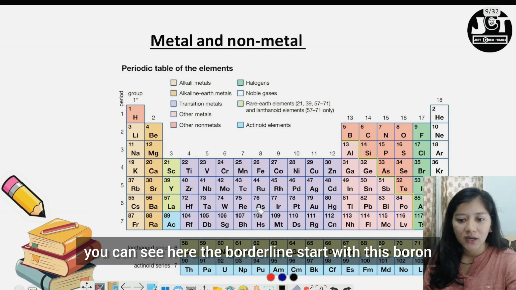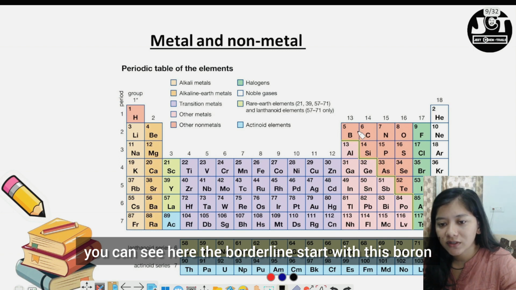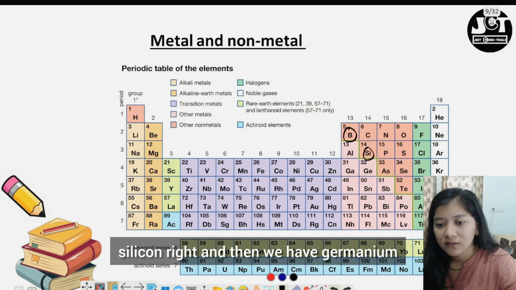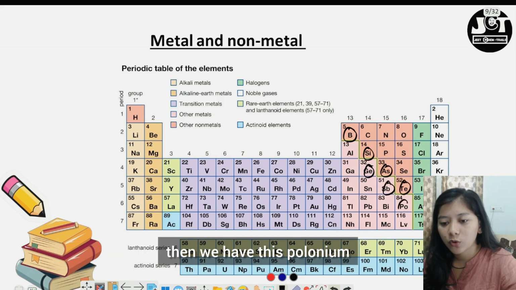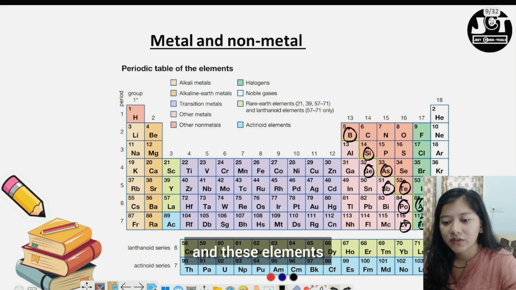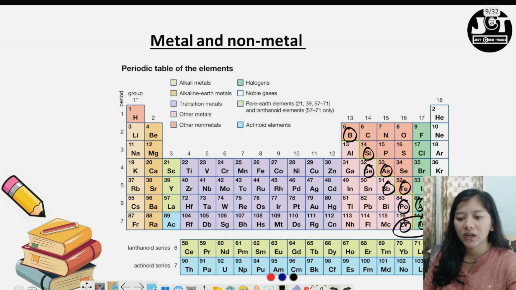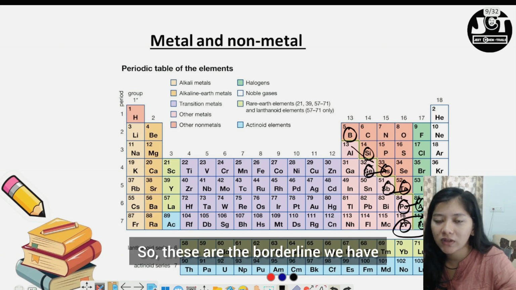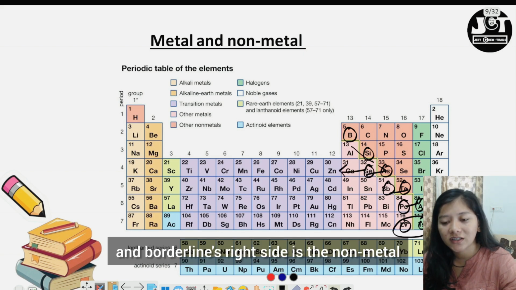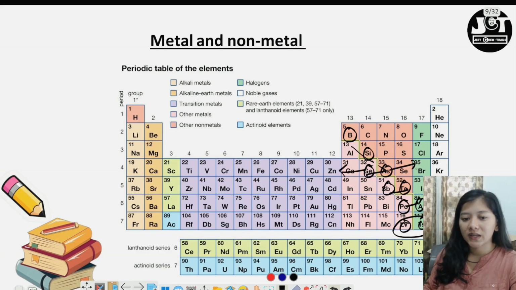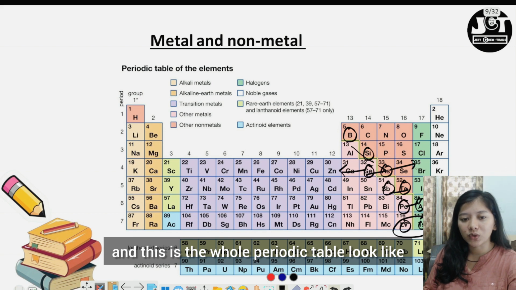As you can see here, the borderline starts with boron, silicon, and then we have germanium, arsenic, antimony, tellurium. Then we have polonium and astatine. These two are radioactive, so we don't include them. Otherwise we have 1 2 3 4 5 6 7 8, as I told you. The borderline's left side is metal and its right side is non-metal. And this is what the whole periodic table looks like.